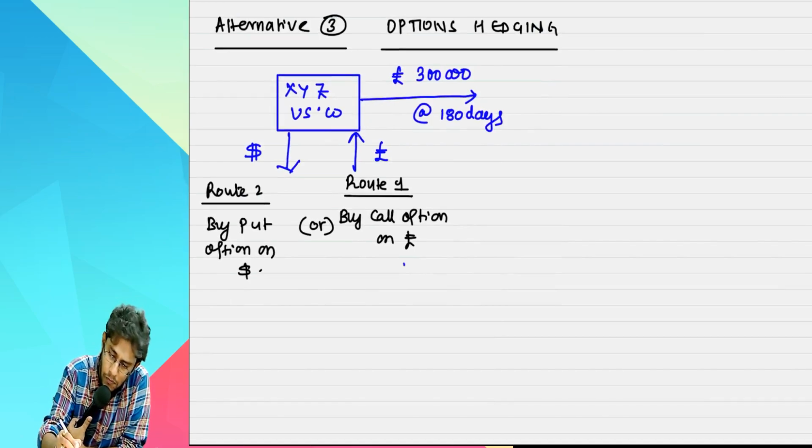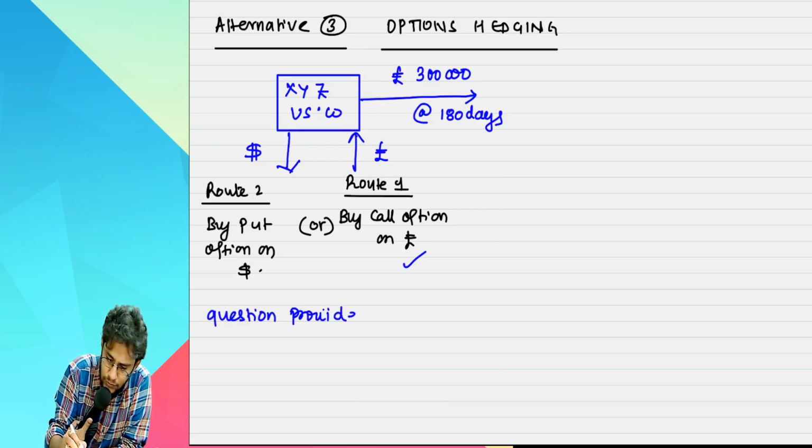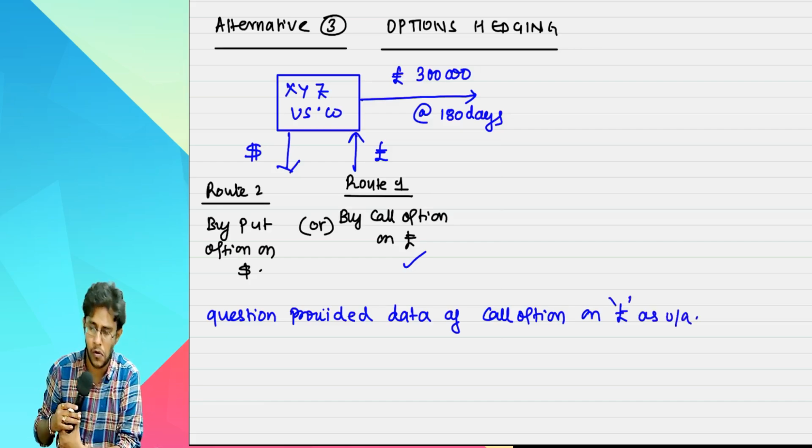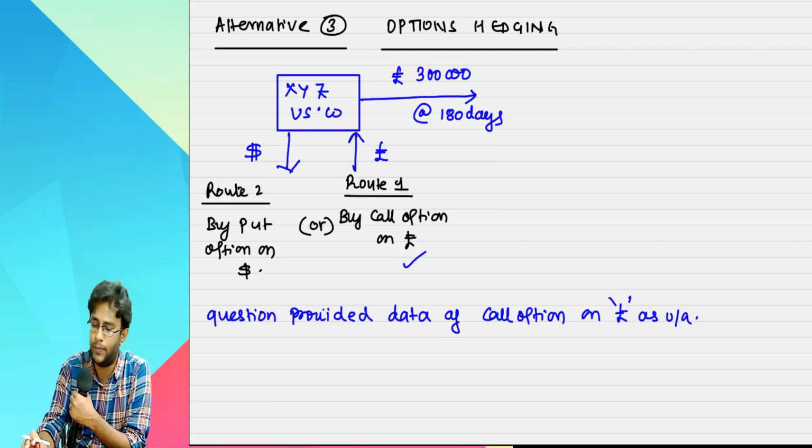So the question provided data of call option with pound as underlying asset. How many pounds do you have to hedge? 3 lakh pounds.